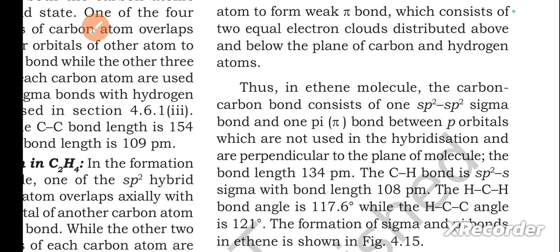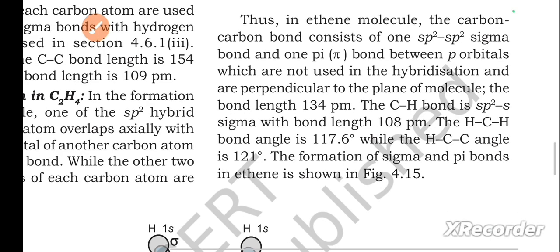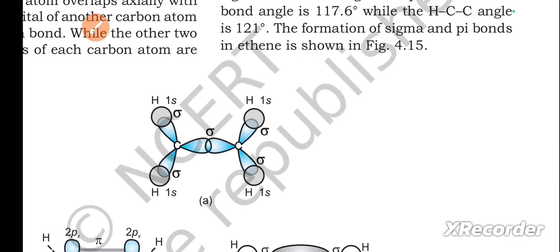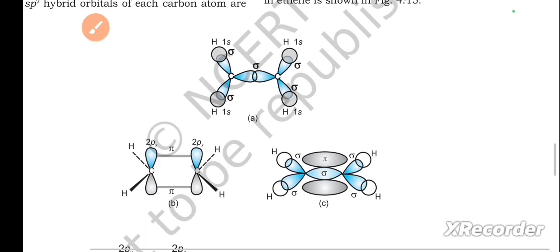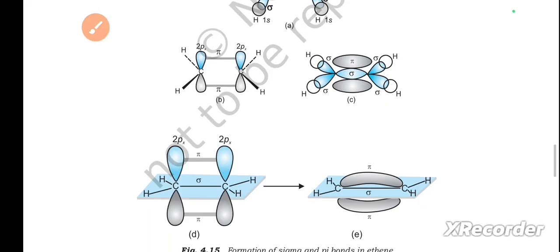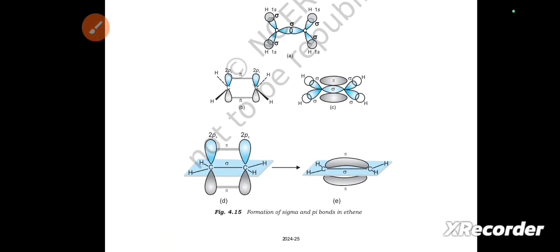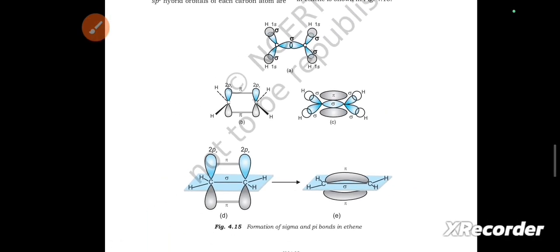The bond length is 134 pm. The C-H bond is sp2-s sigma with bond length 108 pm. The H-C-H bond angle is 117.6 degrees, while the H-C-C angle is 121 degrees. The formation of sigma and pi bonds in ethene is shown in figure 4.15. So this is figure 4.15. You can pause it and go through it.